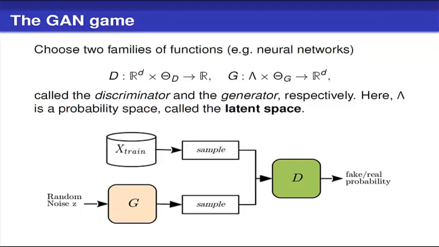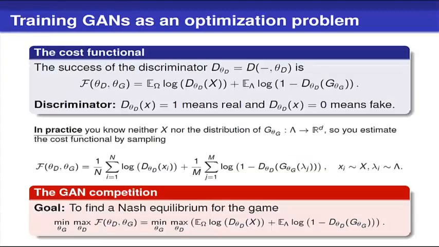They compete because D wants to be able to discriminate between real samples and generated samples, and G aims to confuse D, aims to create samples of such a quality that D is not able to discriminate between real and fake samples.